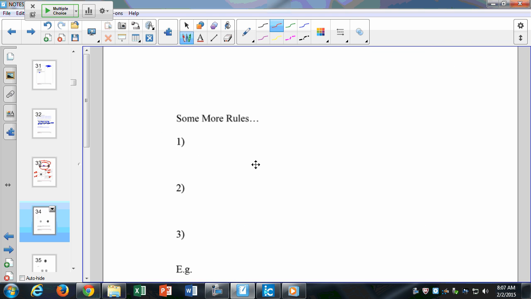All right, a few more rules. You could have a question on your test. It's not going to be worth a whole lot of points, maybe 5 to 7 points, that just asks you to interpret some field lines. I'll show you some questions that'll be similar in just a second. So lines for groups of charges must begin on a positive charge. So lines begin on a positive charge and end on a negative charge.